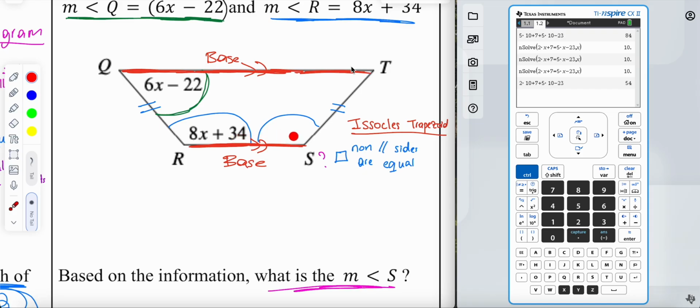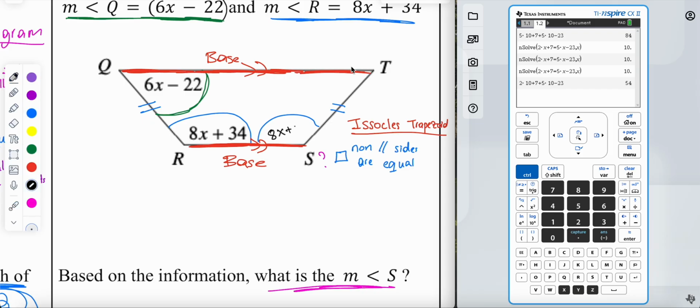They are equal. So these two that are formed with this base, these two angles are equal. So if this is 8x plus 34, right here must also be 8x plus 34.